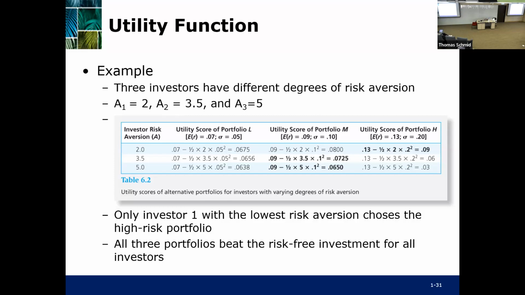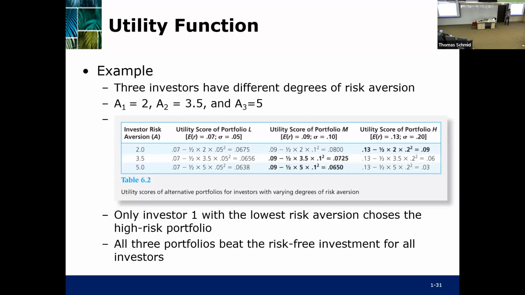And for all of them, portfolio M or H, the risky portfolios, are more attractive than the risk-free asset because the risk-free rate in this example is 0.05. So the utility of the risk-free asset is 0.05, which is lower than the utility of these risky portfolios.